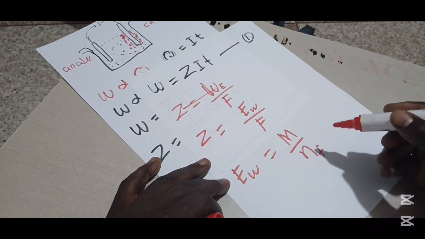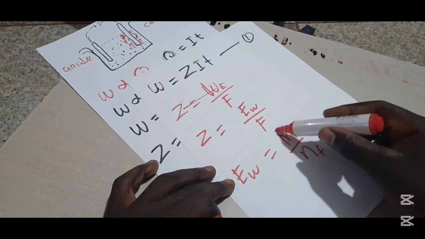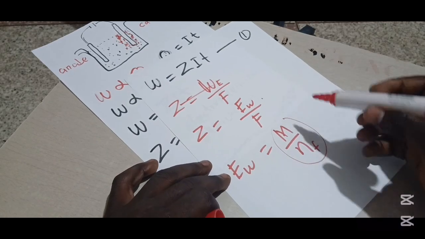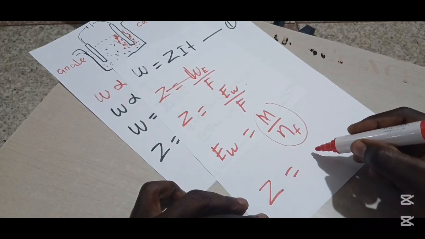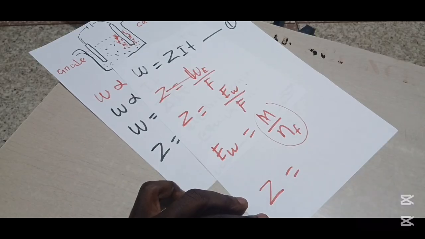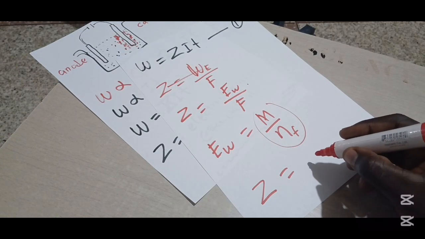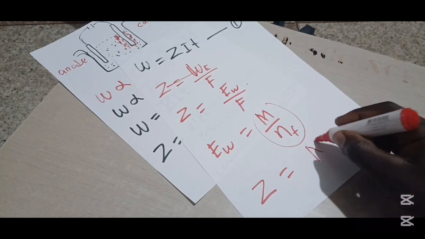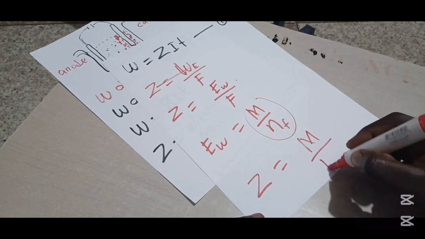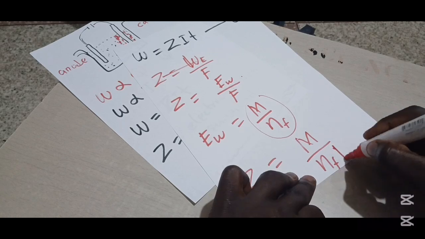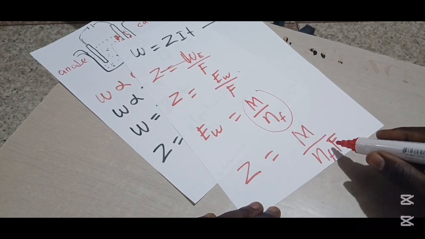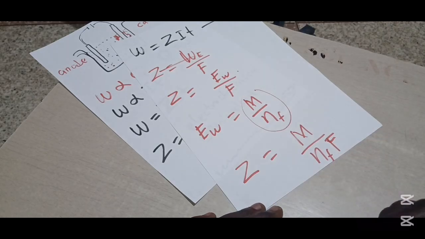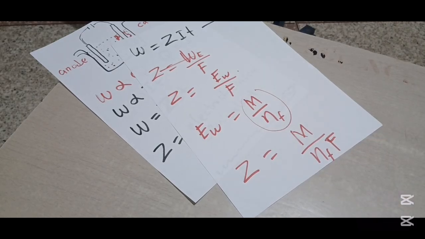If we replace the value for equivalent weight into this equation, this is what we get. Our Z is equal to molar mass over n factor times Faraday, that is the Faraday's constant.